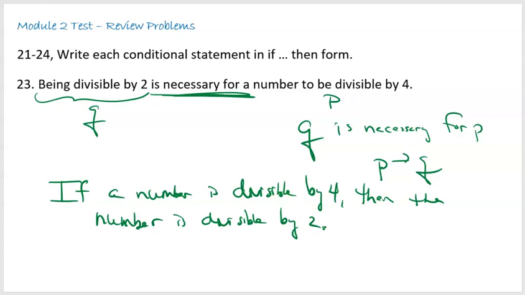You could also write this where it makes sense. So if a number is divisible by 4, then it is divisible by 2. But the other way around does not make any sense. If a number is divisible by 2, then it is divisible by 4. That's just not true. 6 is divisible by 2, right? But it's not divisible by 4. On the other hand, if a number is divisible by 4, for example, 12 or any other number is divisible by 4, I promise you it's also divisible by 2.